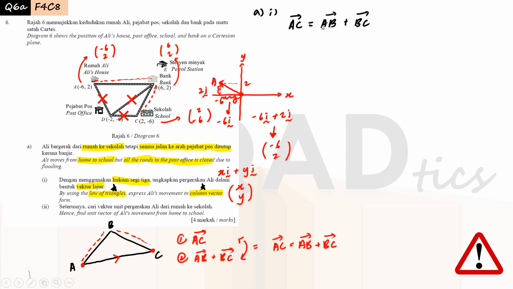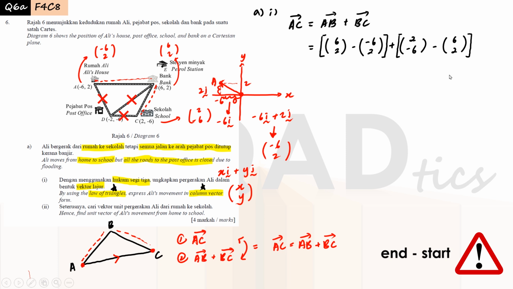For example, to find vector AB, we use the column vector of the endpoint, B, minus the column vector of point A. Same goes for vector BC: the column vector of the endpoint, which is (2, -6), minus the column vector of the starting point, which is (6, 2).